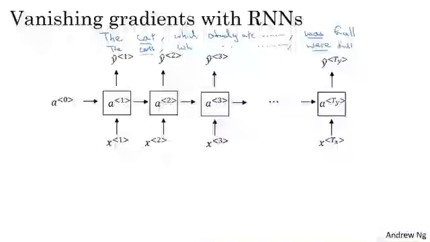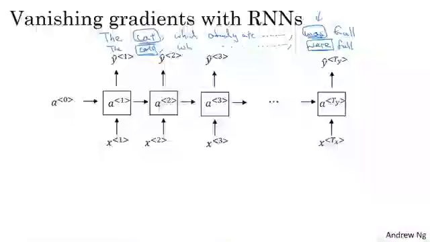So to be consistent, it should be cat was or cats were. And this is one example of when language can have very long-term dependencies, where a word that is much earlier can affect what needs to come much later in the sentence.